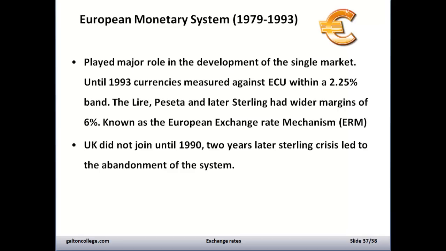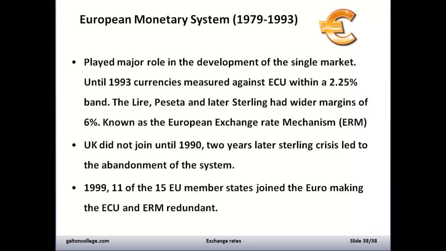The UK did not join until 1990, and then it got out shortly afterwards because of problems with the UK pound on the foreign exchange market. So the UK has stayed outside of the European system and didn't join the euro when it was formed.